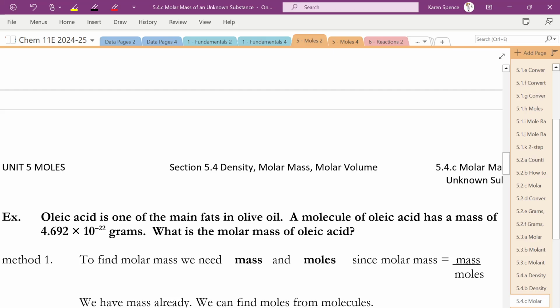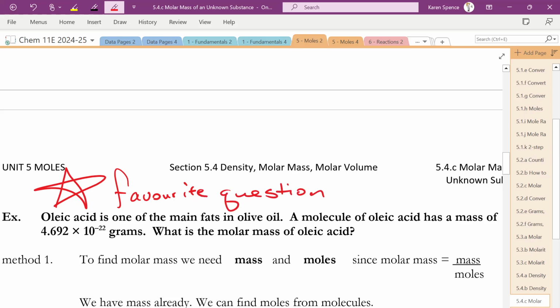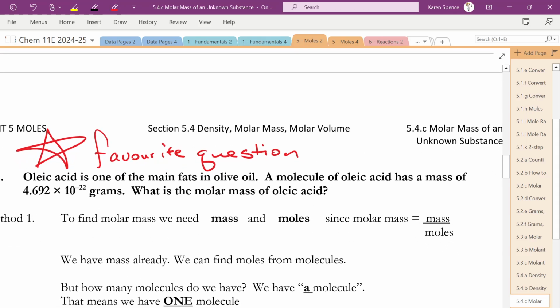Oh, this is a favorite question that always shows up on quizzes and tests. Okay? Now, your question won't be about oleic acid, but the question will read very similar. It'll be like some random molecule that you've never heard of.